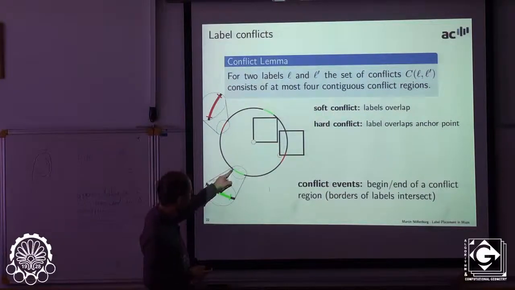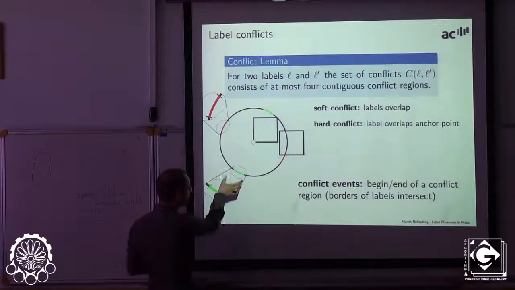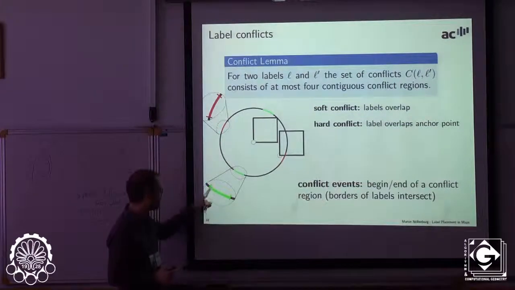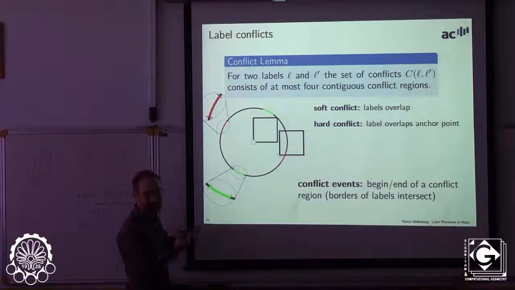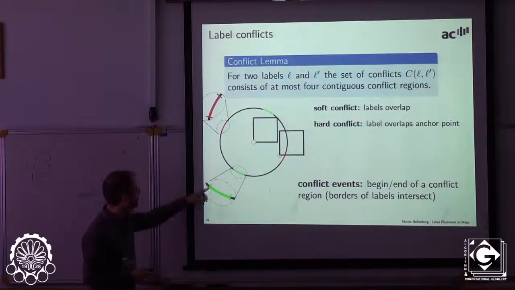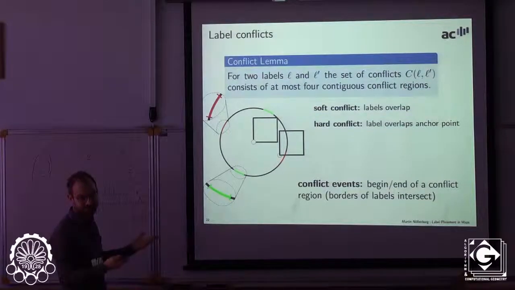Because we will use a potentially discretized version of assigning these ranges, we can speak of an event when some conflict occurs for the first time, and an event when the conflict appears for the last time, and then if you rotate a little epsilon, it will be independent. So these give us the rotation angles for which something needs to change.